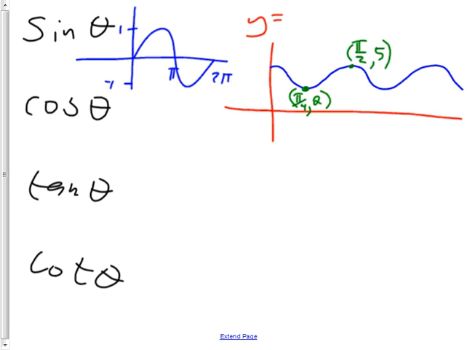Okay, now I want to learn a new function. It's 1 over sine. What is 1 over sine? Nope, not cotangent. Cosecant. Cosecant looks like this. If you're doing 1 over sine, and sine's like right here, then sine is 1. So it's 1 over 1, so at that one spot it's exactly the same.